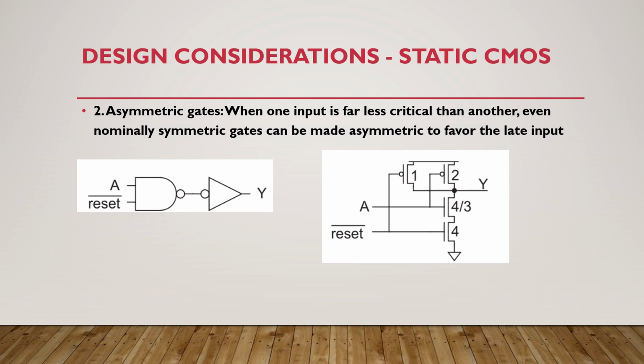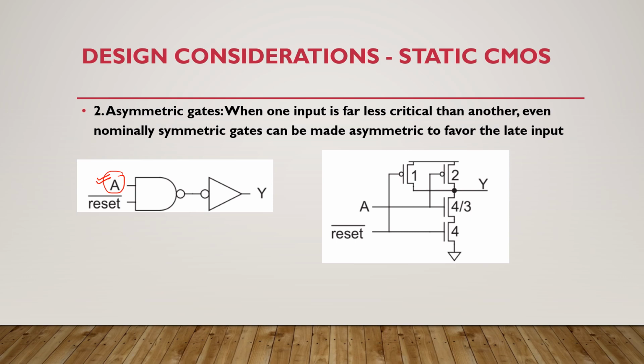Definitely the input A is the critical one, because A will keep on changing, but the reset will be used once in a while. So the reset is always less critical than the input A. In order to favor the input A, we can convert the symmetrical gate into an asymmetrical gate.